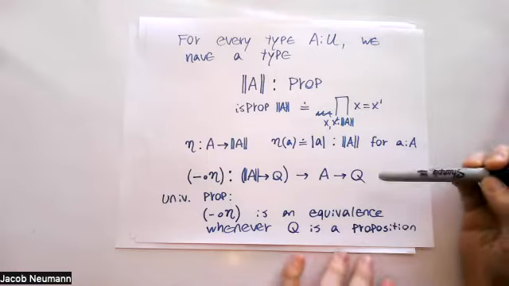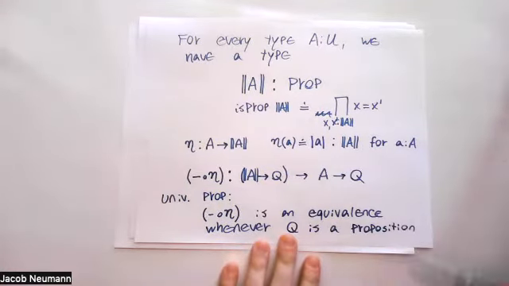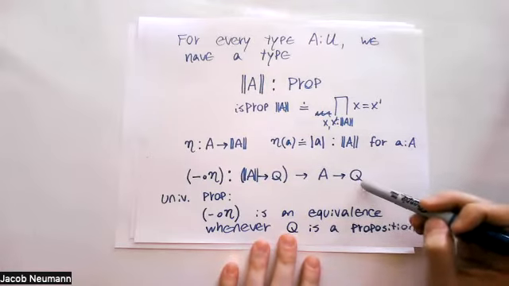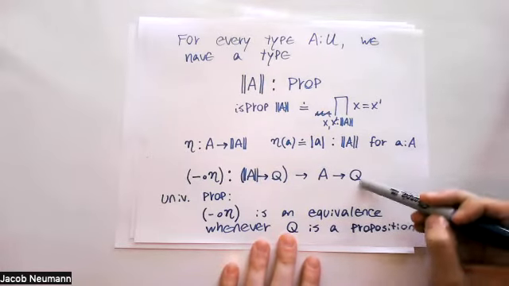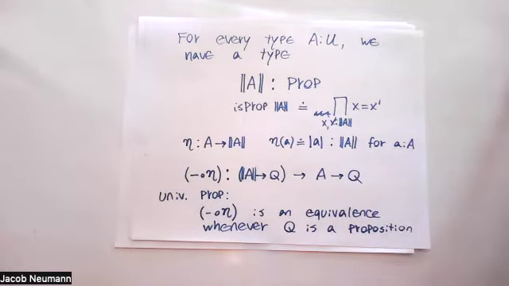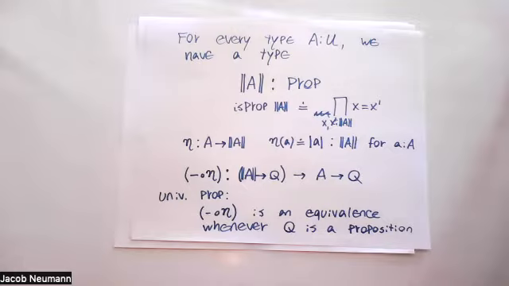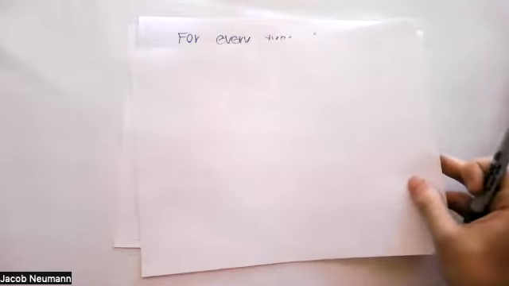So the idea here is that we have this precomposition map in general, but if the Q that we're mapping into happens to also be a proposition, then this is going to be an equivalence. And so, for our general understanding, let me spell out a little bit what that means. Remember that an equivalence is a contractible map.